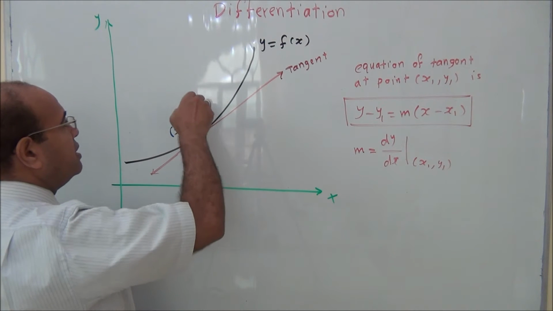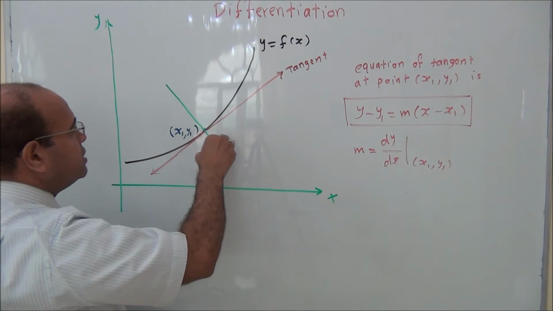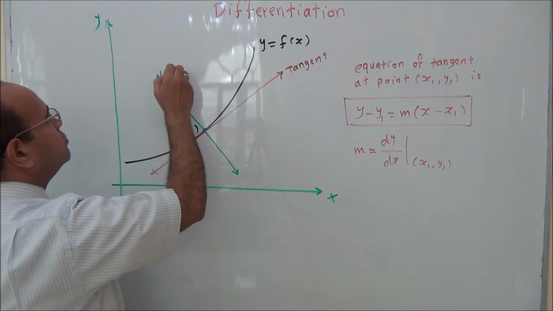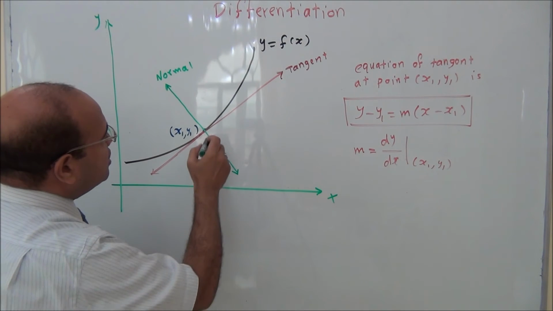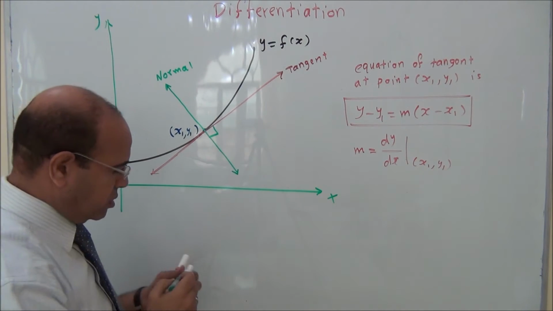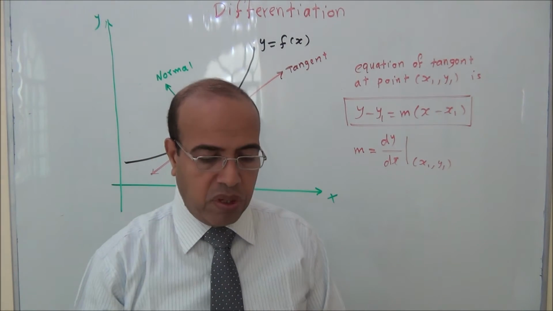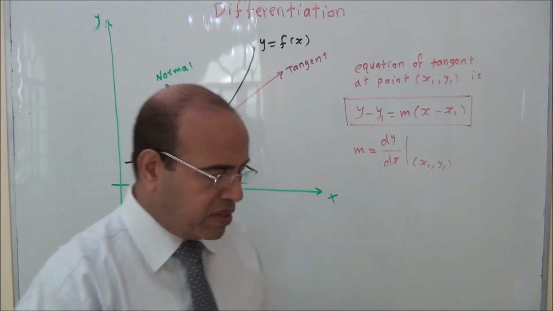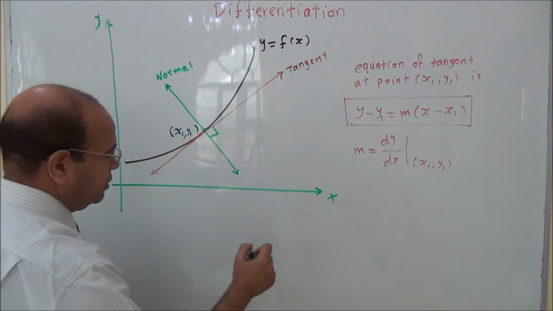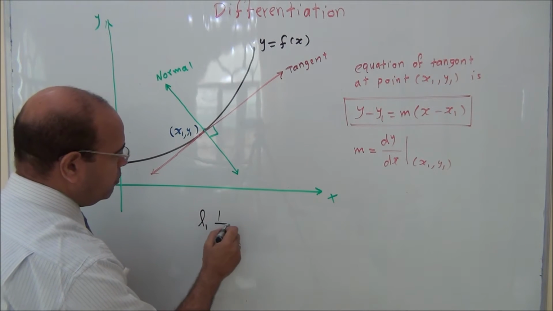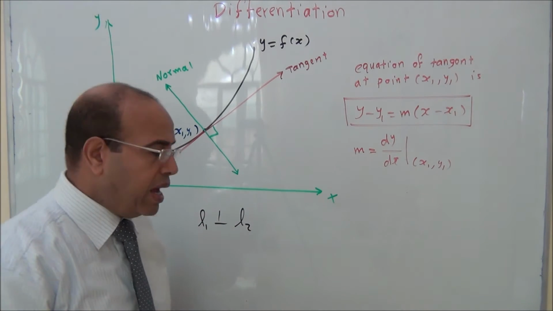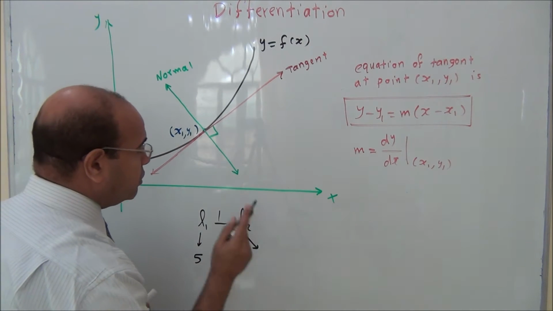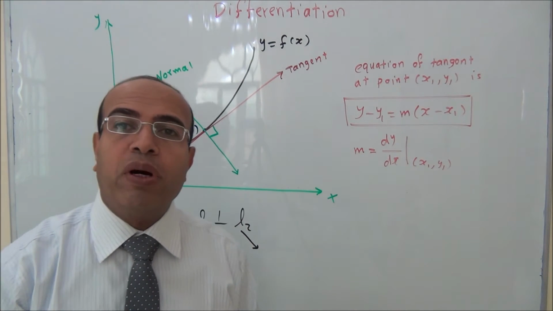The normal is a line perpendicular to the tangent at this point. So this is called normal. It is perpendicular to the tangent. We have a relation between the gradient of the line and its perpendicular. For example, if we have a line L1 perpendicular to L2 and the gradient of the line L1 is 5, so the gradient of the line L2 is negative 1 over 5.